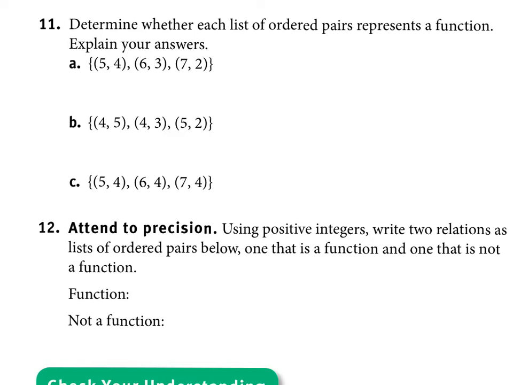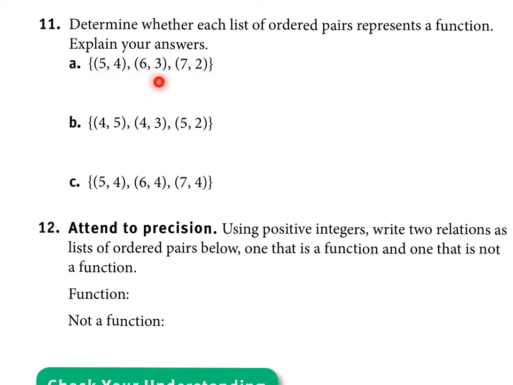So when you're looking at an ordered pair, remember the first number is your input, the second number is your output. If you notice that the same input is giving you two separate outputs, then you don't have a function. If we look at this first one, you'll notice that the input of 5 gives me 4. The input of 6 gives me 3, and the input of 7 gives me 2.